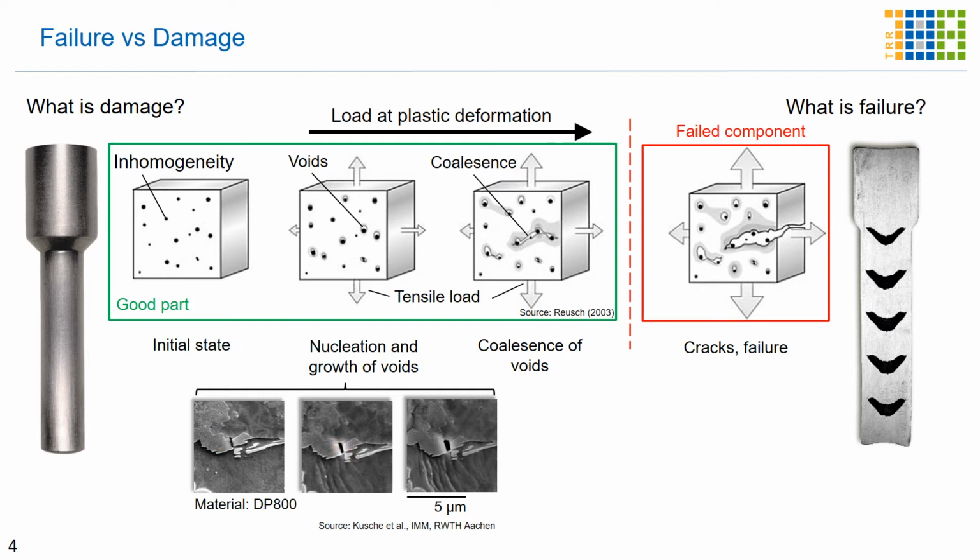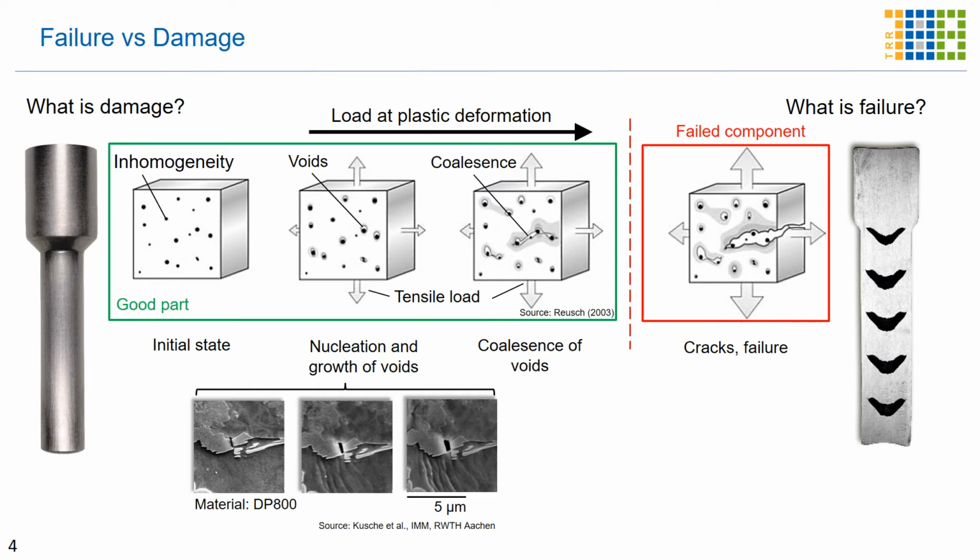When voids grow bigger and bigger, they might reach the point of coalescence, where several voids link together and form an even bigger void. As long as the produced part does not show any cracks or any failure, the part is considered a good part.